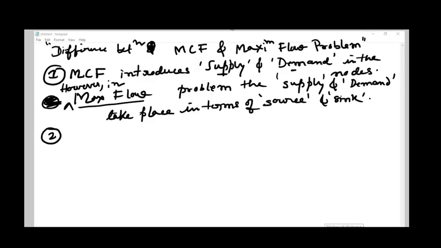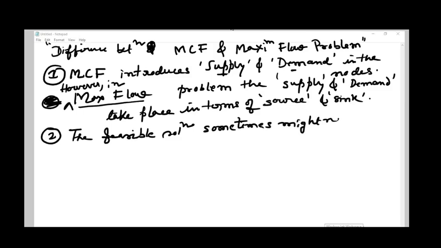Another very important point, a feasible solution sometimes might not be possible in the case of the min cost flow problem.